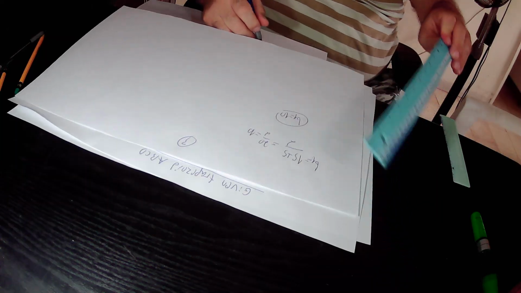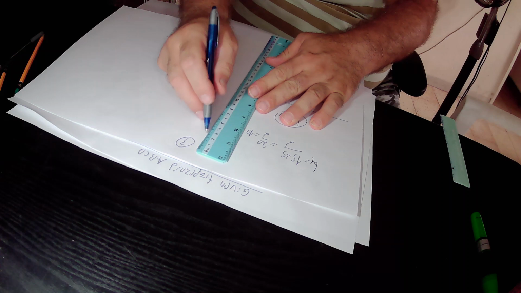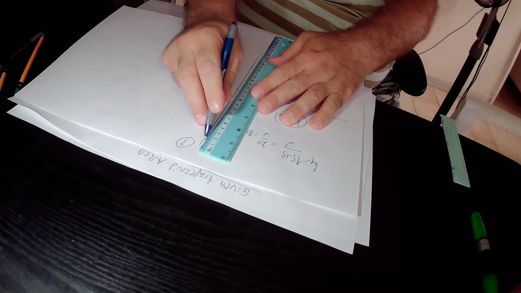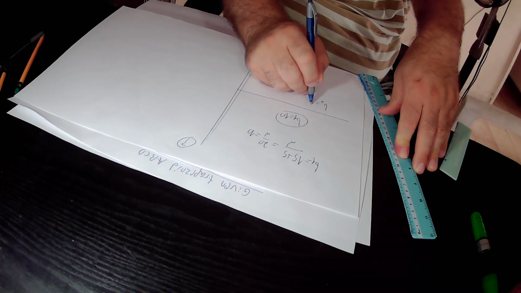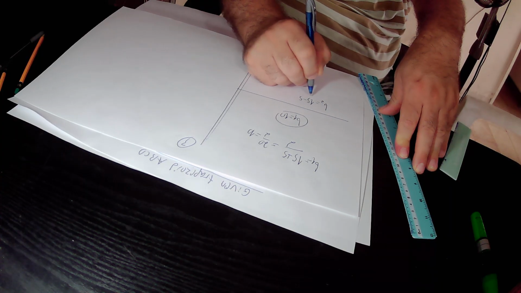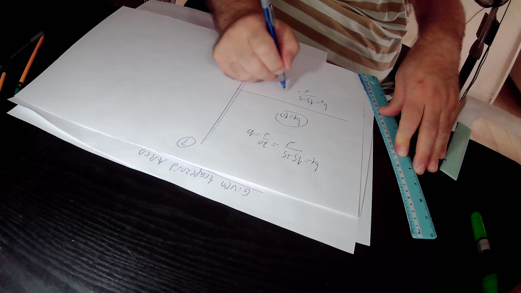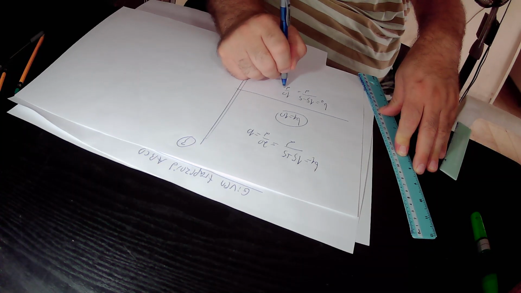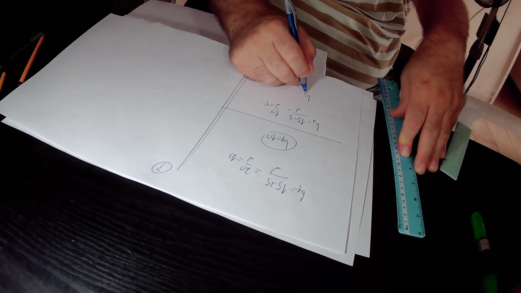And the second solution for b will be b2. And b2 equals 15 minus 5 over 2. 15 minus 5 is 10 and 10 over 2 is 5. So the second solution for b is b2, this equals 5.